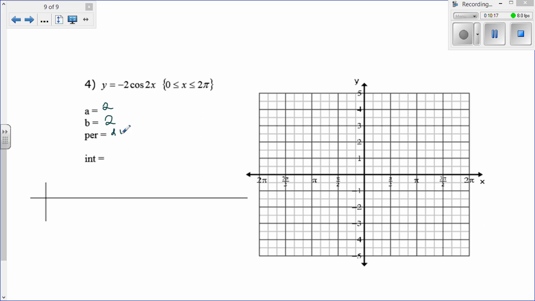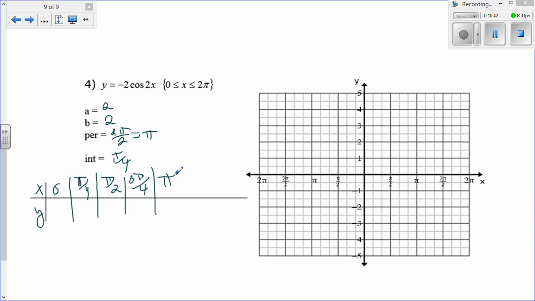My period is 2 pi divided by 2, which is just pi. So my interval is pi divided by 4. So 0, 1 pi over 4, 2 pi over 4 is pi over 2, 3 pi over 4. And then 4 pi over 4 is pi, and I can stop because that's where the period stops. This is cosine.